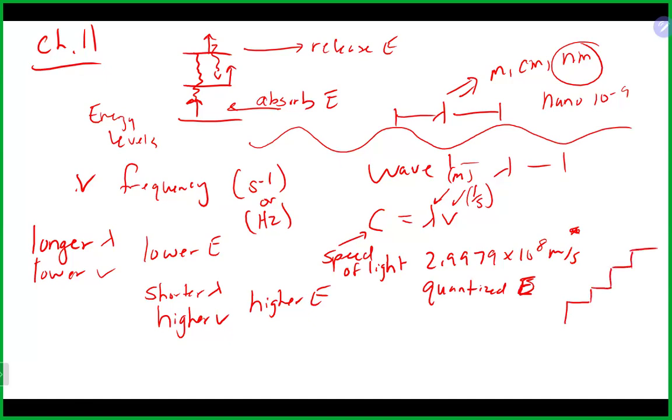Much like stairs, you will find yourself either on this step or that step. No matter which way you're going, up or down the stairs, you're going to find yourself somewhere on one of those steps. You don't typically land halfway between steps because you're going to fall, right? And you're not going to be able to be there much longer. And electrons travel between energy levels in the same way.